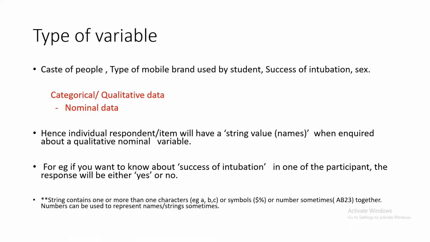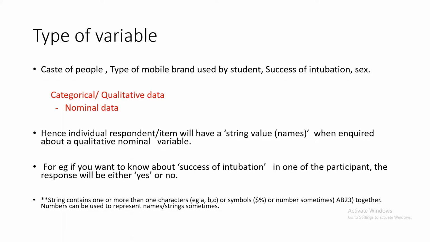String means it contains one or more than one characters like ABC or symbols. String may also contain numbers sometimes together. Number can be used to represent names strings sometime. So in lots of health studies, you will see that sometimes people will like to use the numbers.